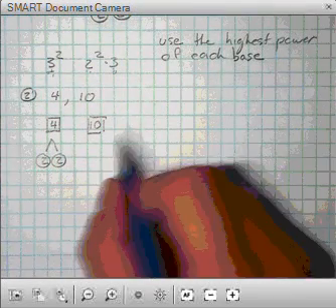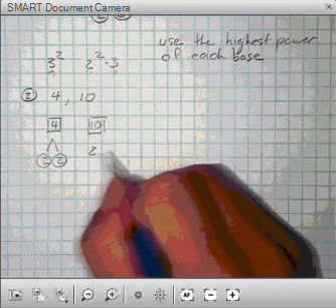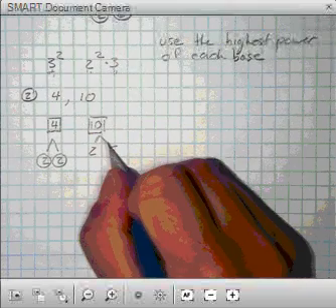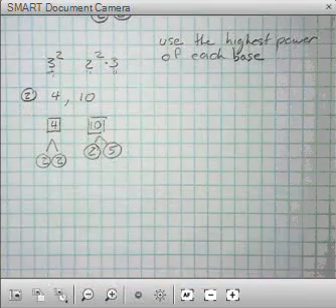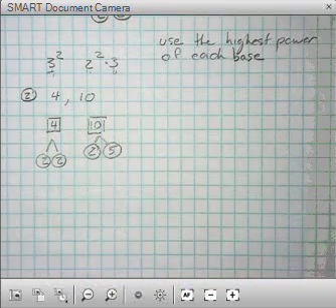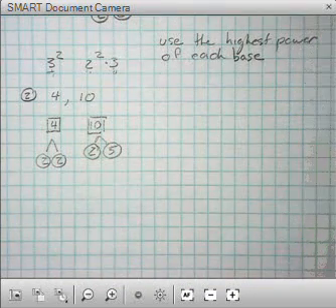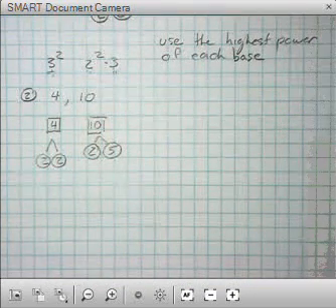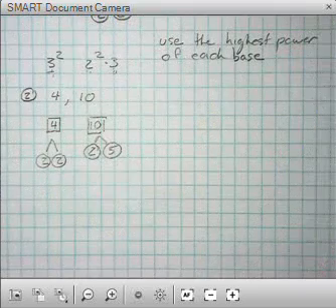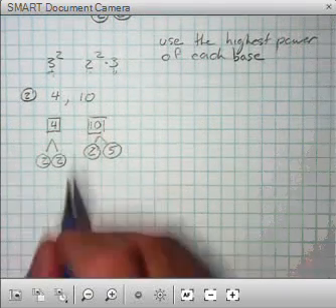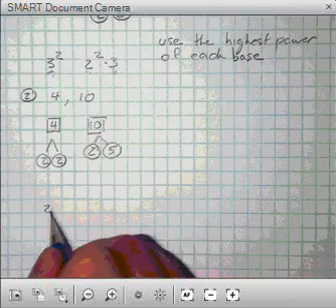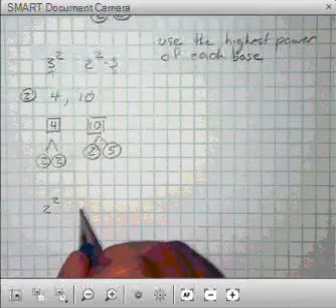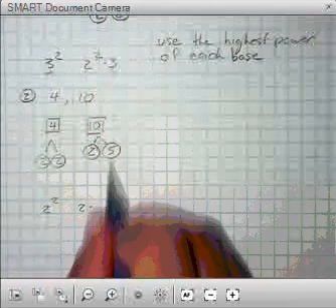Factors of 10 are going to be 2 and 5. So I write the primes as exponents. That'll be 2 squared, and then I've got 2 times the 5.